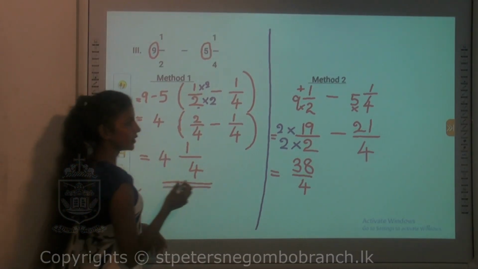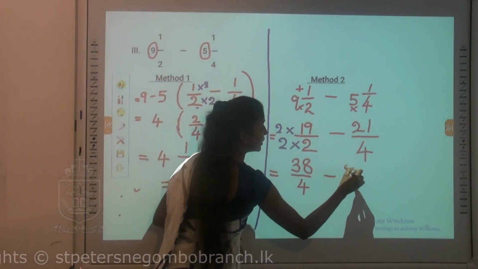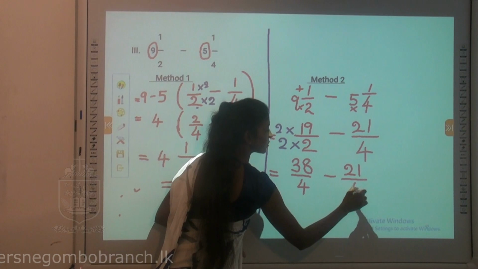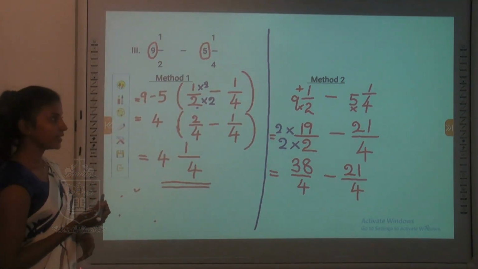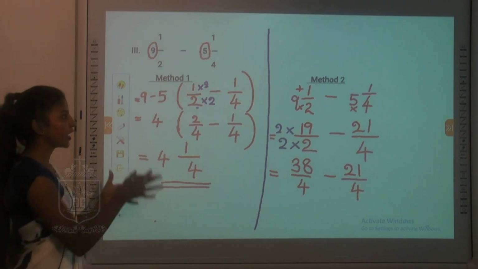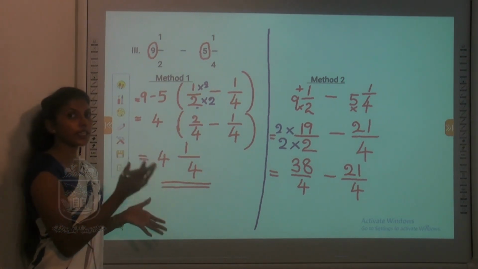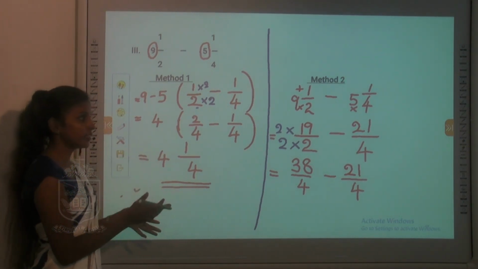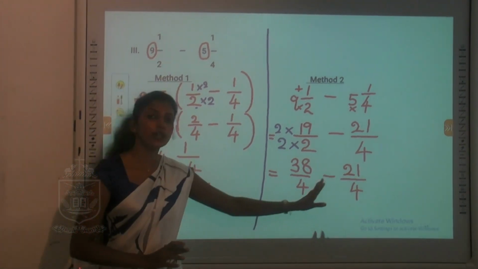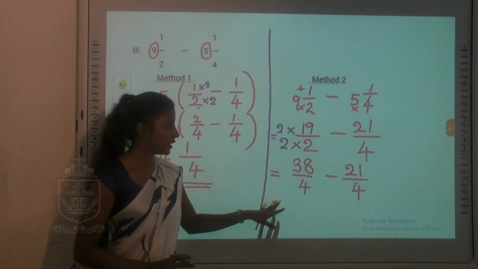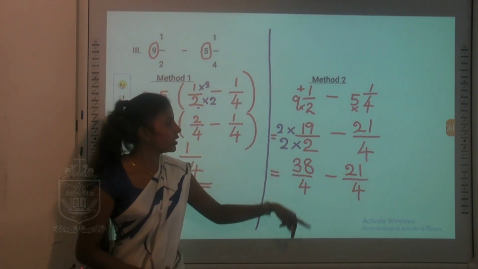Then we didn't do any change here, so it will remain the same, right? Now this is a little bit longer than the other method, so you all can decide the easier method. And next step, now we have obtained the common denominator. So then you can subtract the two numerators.